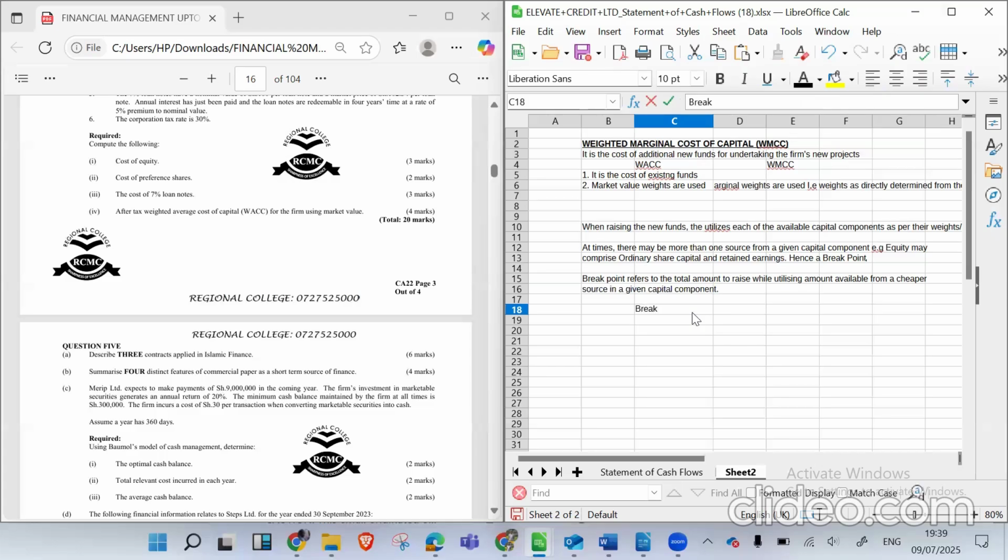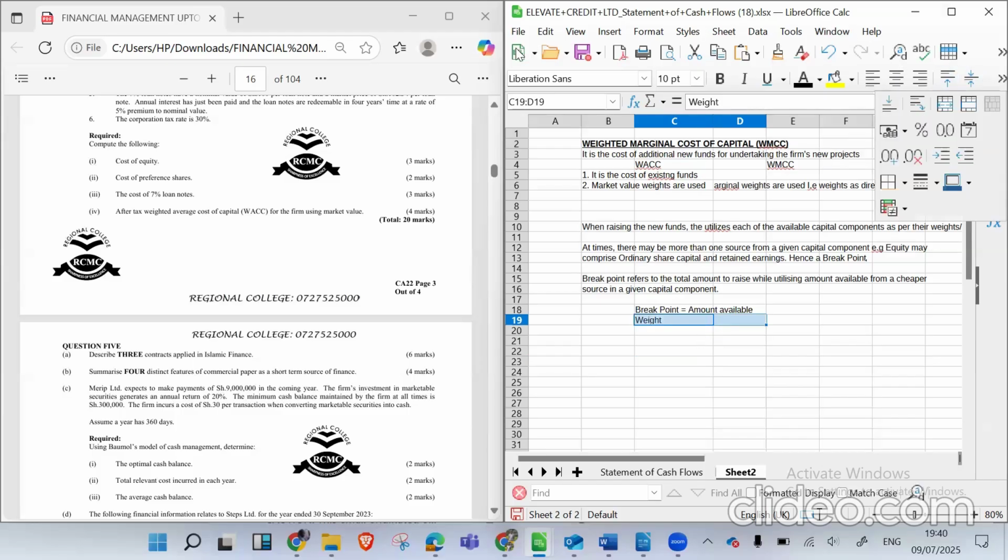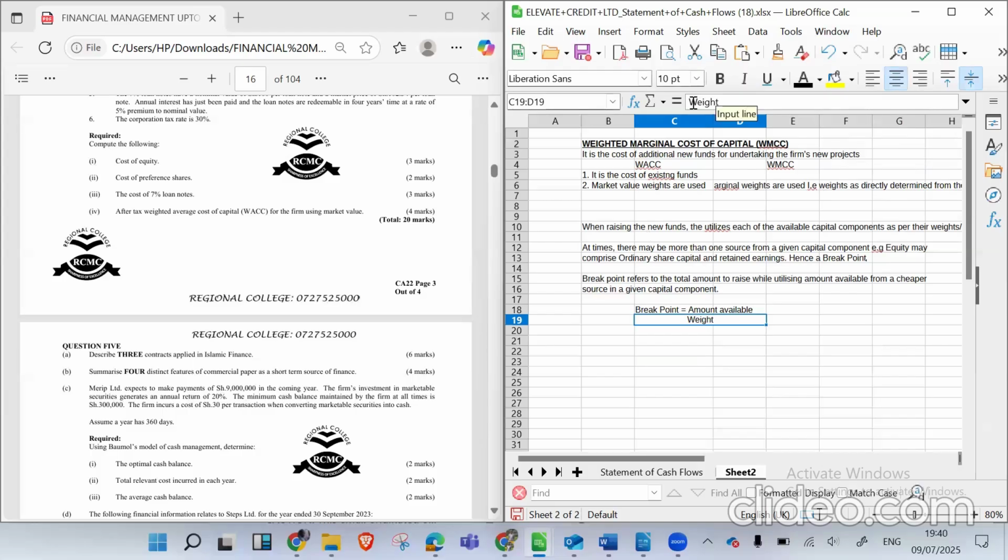Just give the formula: breakpoint equals amount available divided by weight. That gives us the breakpoint. Good.